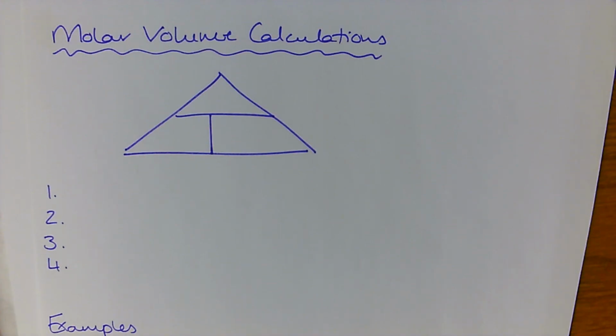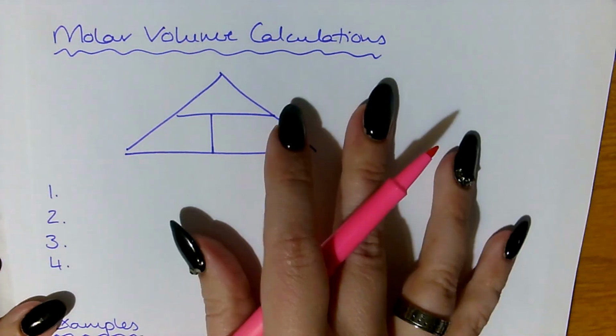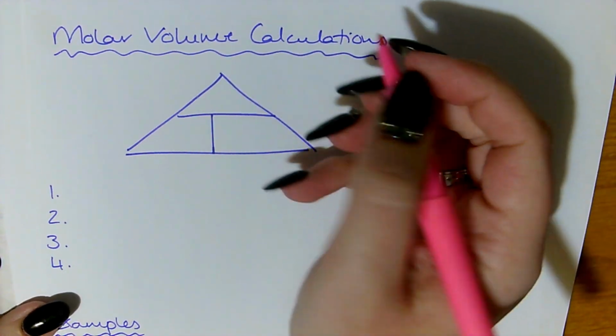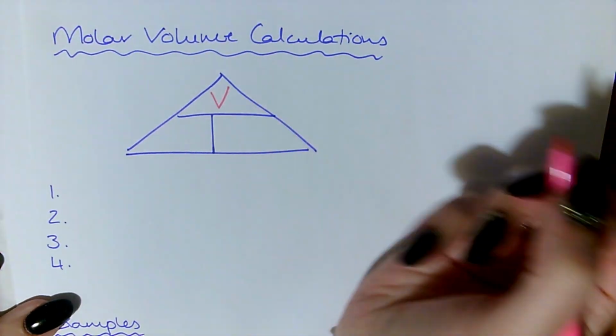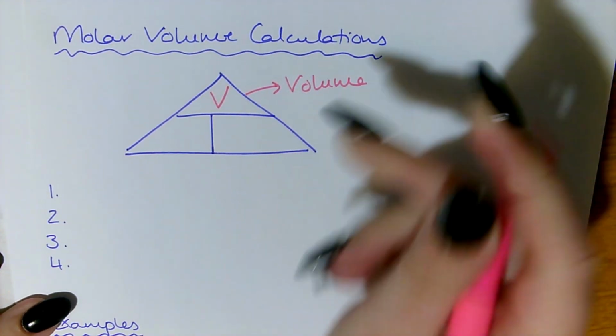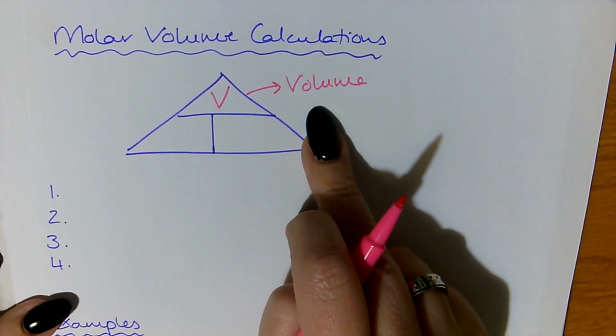In paper 2 of the higher chemistry exam, which is the written answer section, you will see a different type of molar volume calculation. A good way to work these out is to use a formula triangle like we have in previous years. So here at the top we have our V for volume, and that's the volume that we have in our reaction.